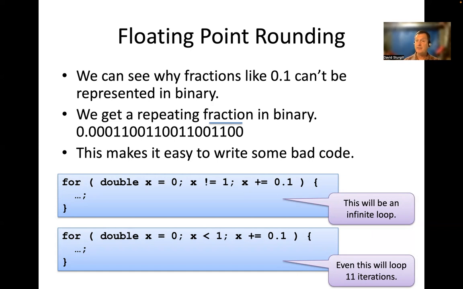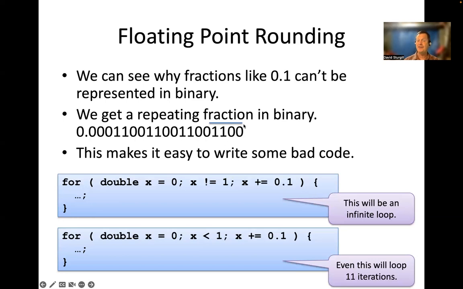We can see this if we start with the same example we used earlier. If you start with a nice base 10 number like 0.1 and use the process we just talked about to convert it to binary, you would get this binary fraction. And I won't read the whole thing, but the interesting part is these last 4 bits.